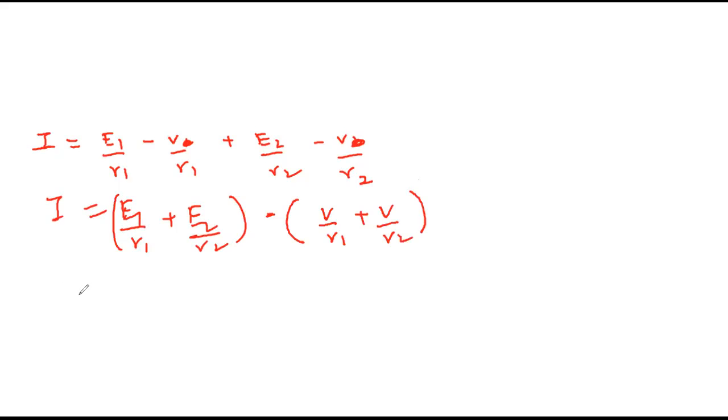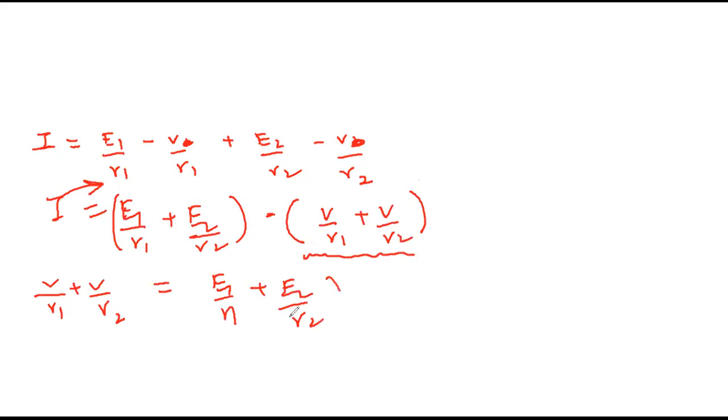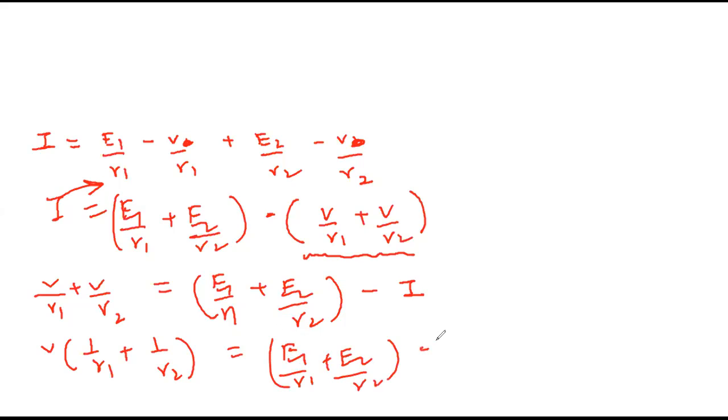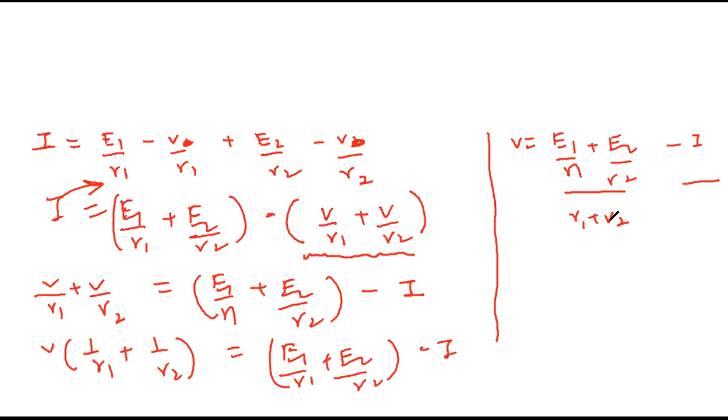Now this term, if I bring it to the left-hand side and take I to the right-hand side, then V upon R1 plus V upon R2 will be E1 upon R1 plus E2 upon R2 minus I. So taking V common, V times 1 upon R1 plus 1 upon R2 is E1 upon R1 plus E2 upon R2 minus I. So V becomes E1 upon R1 plus E2 upon R2 minus I, divided by 1 upon R1 plus 1 upon R2.